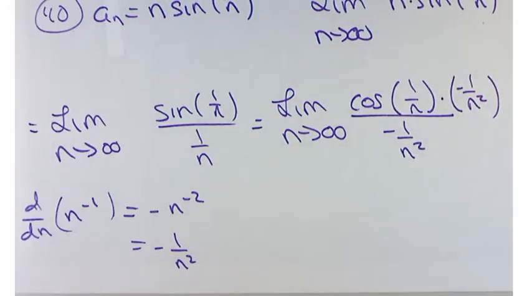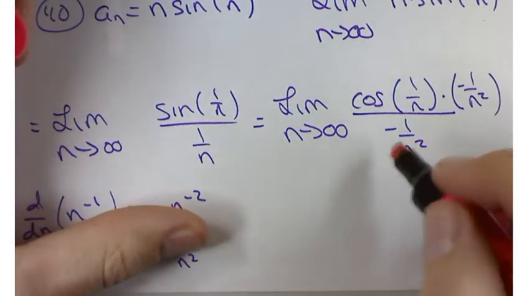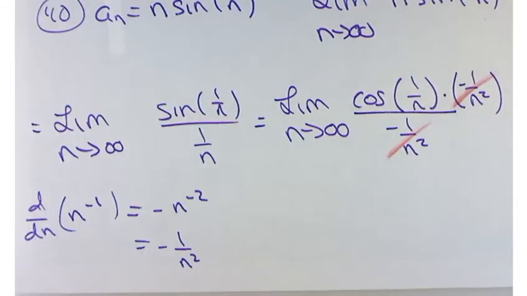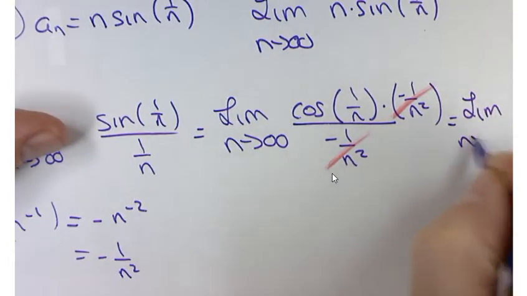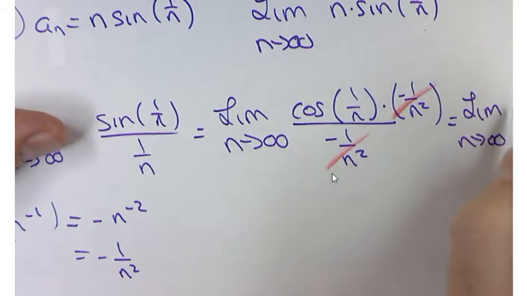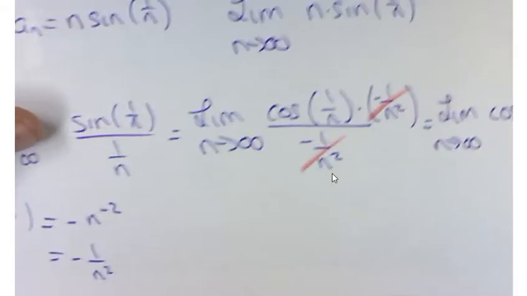And something nice happens here, right? Bada boom, bada bing. Those cancel each other out. Nice. You're just left with the limit as n approaches infinity of cosine of 1 over n.